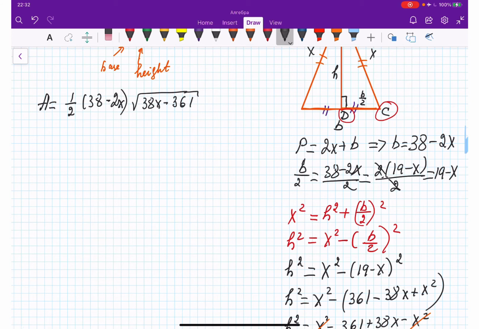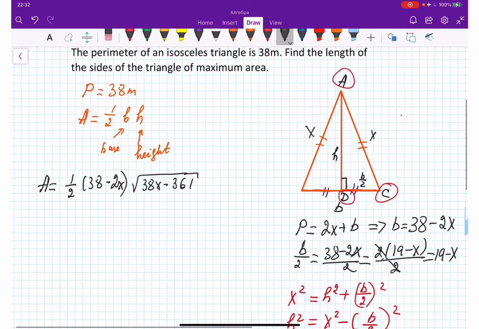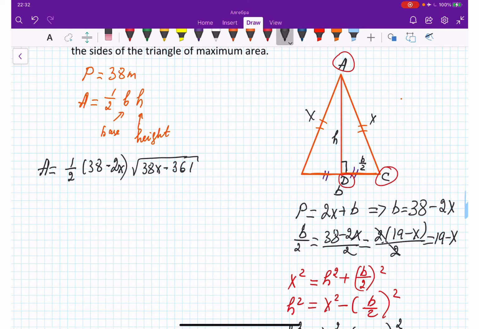This is our area. Okay, we need to have maximum area, right? For maximum area, we are going to take the derivative of the area by dx, and to maximize completely, we put it equal to 0.